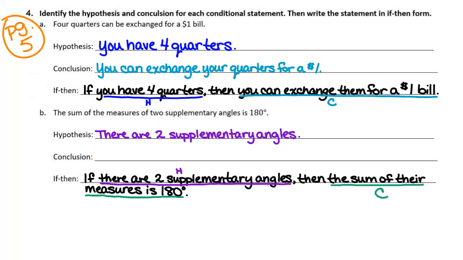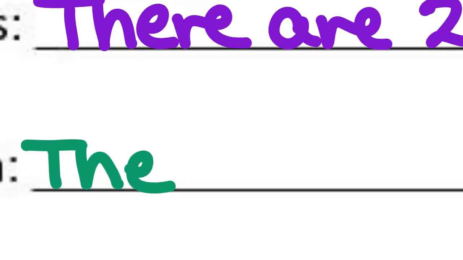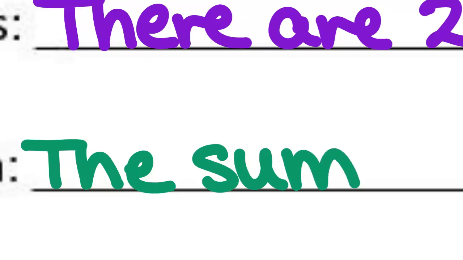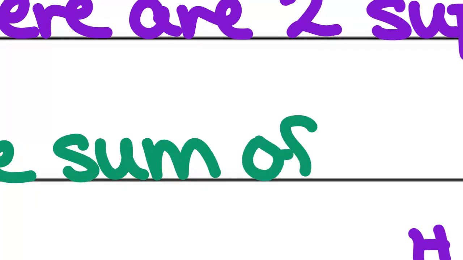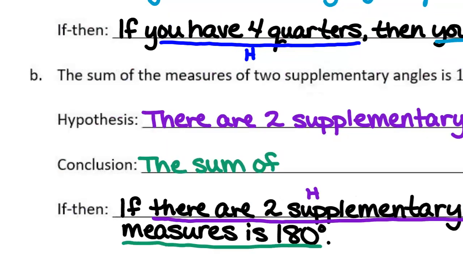So let's write that out. The sum of, I don't want to use there because somebody reading this sentence all by itself would say, well, what's there? So the sum of, what do we mean by their measures? The two angles' measures.